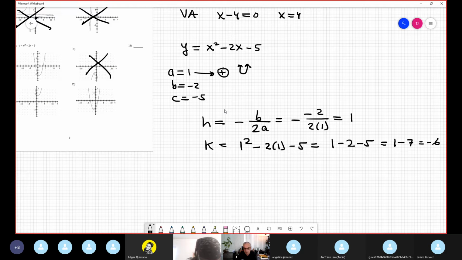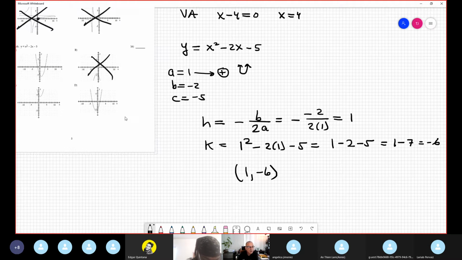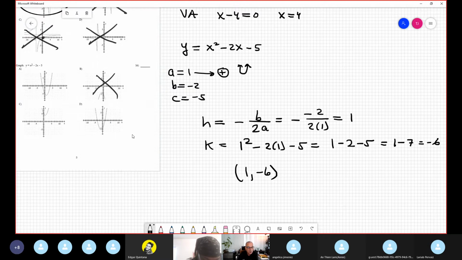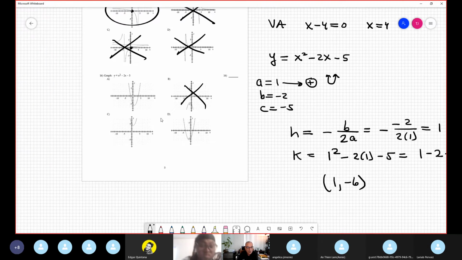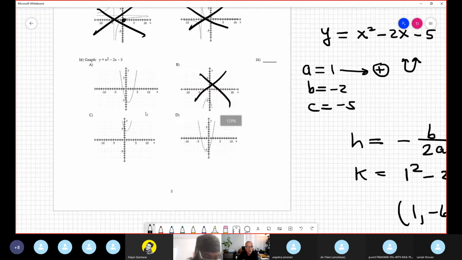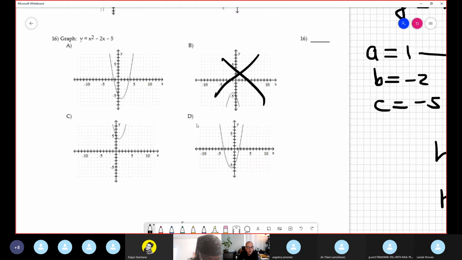The vertex is located at the point 1 comma negative 6. It's obvious that the only thing matching very well is option A. Here is the vertex. This is the answer.